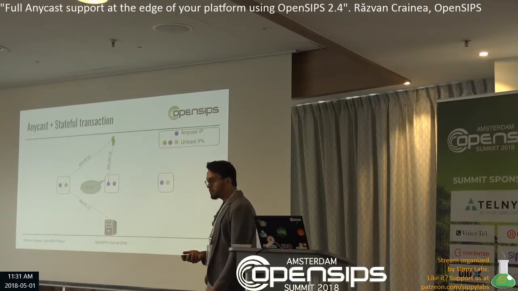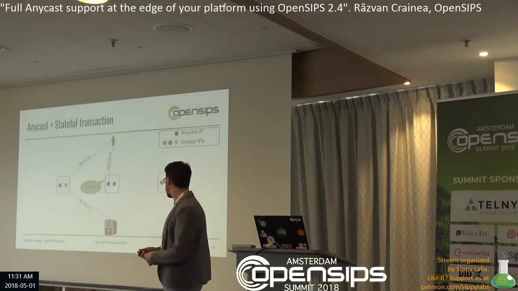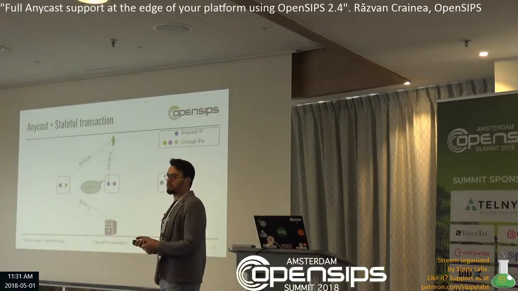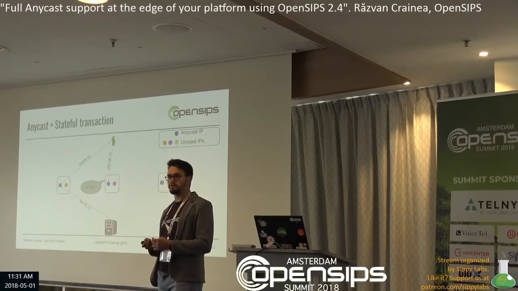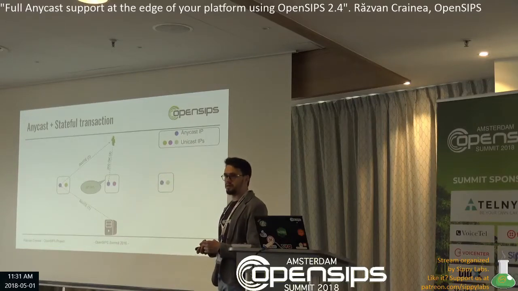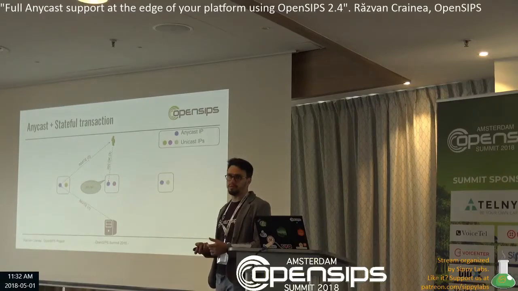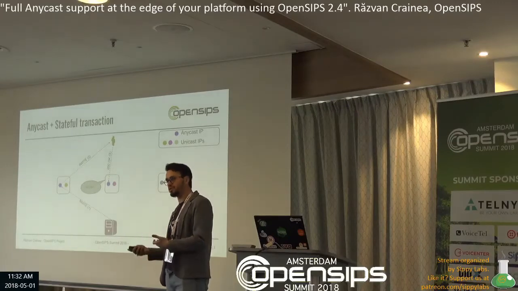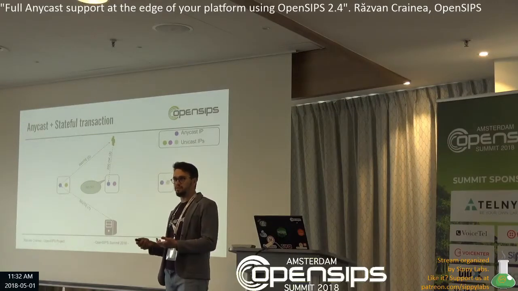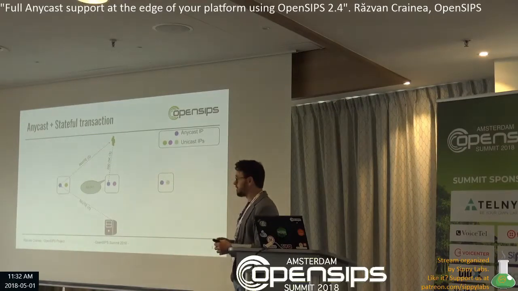Well, in a stateful proxy, this guy doesn't really know what to do with that 200 OK because it cannot find a running transaction. If it doesn't find a transaction, it will decline it. Well, he could know what to do with it, but by default, OpenSIPS will decline it.